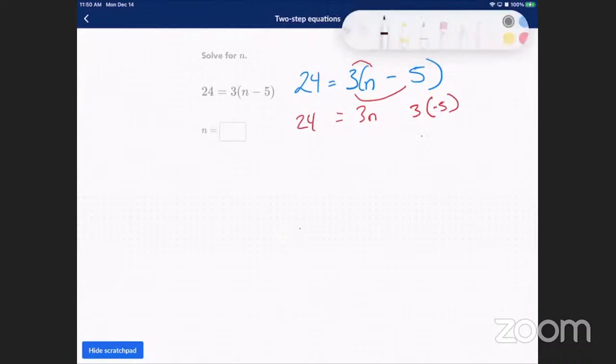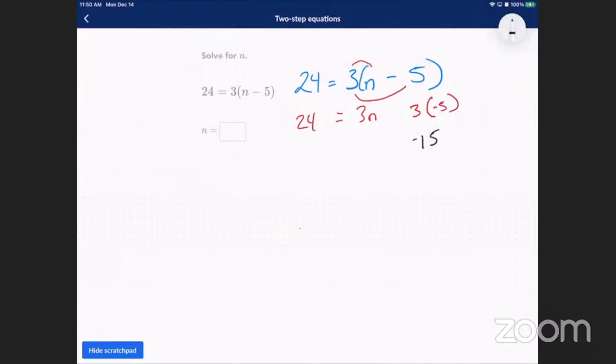And then that would be negative 15. And that would be 3n, right? And then we would also have 24. And you have n equals negative 5. And we have 24 equals n equals negative 5.